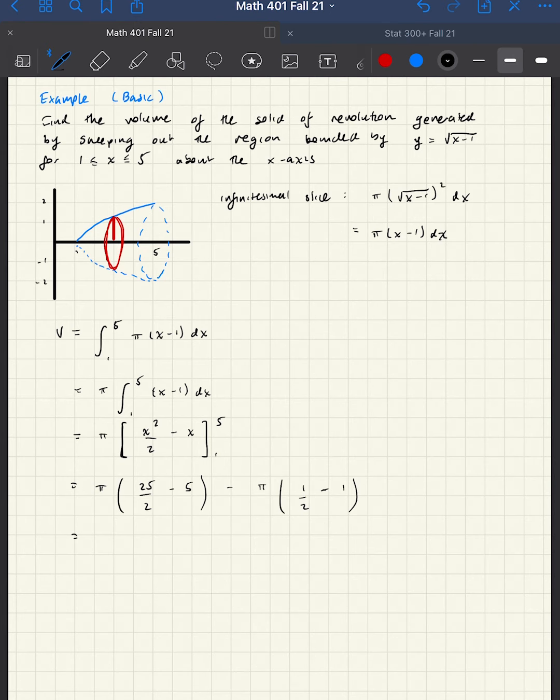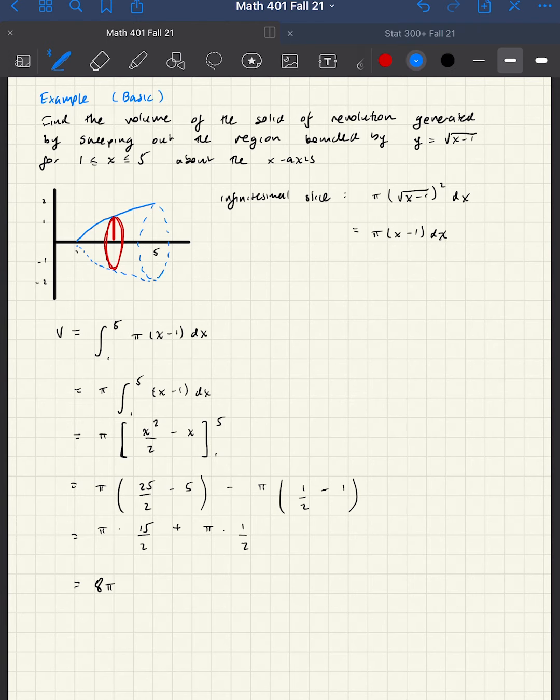All right. And then just clean that up. So that should be pi times 15 over 2 plus pi times 1/2. And that will be 16/2 pi, which is the same as 8 pi.